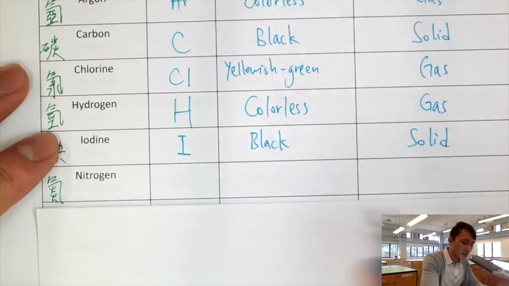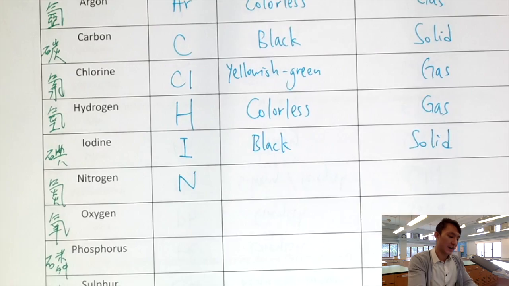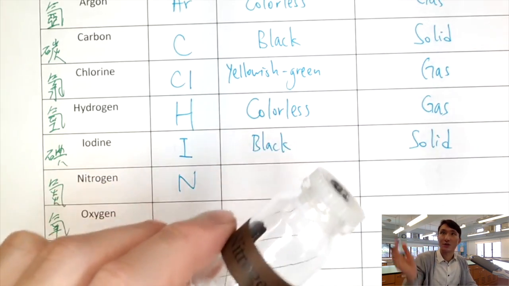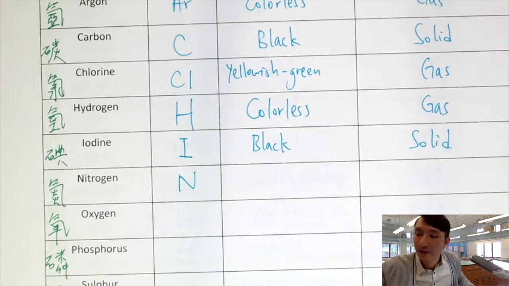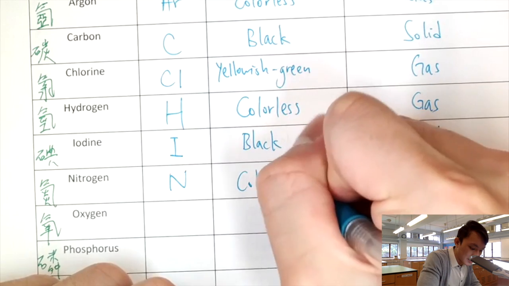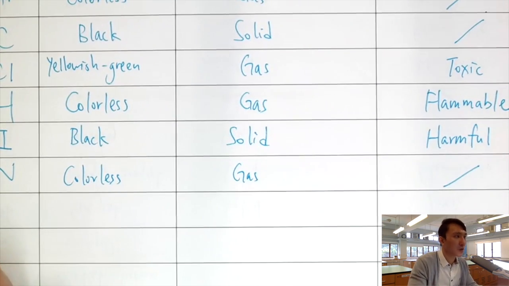Now nitrogen, of course, again, it is a colorless gas. Actually you can look into the air. There is about 78% of nitrogen there, so it's colorless. It is a gas, and it does not have any hazard warning labels.